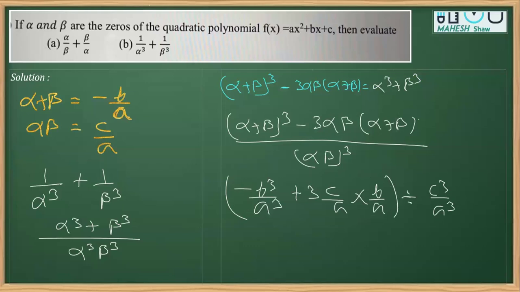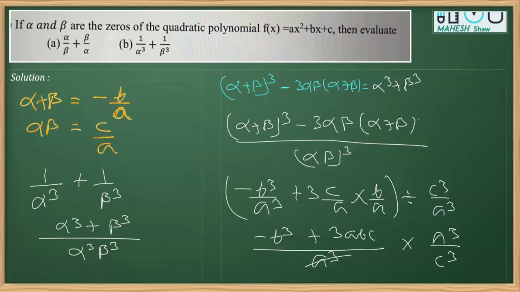Now I'm going to simplify this part. If I take the LCM here, it is going to be a cube. This will remain as minus b cube, and multiplying with a, this is going to be plus 3abc. If I reciprocate by multiplying, this is a cube over c cube, and I can see this gets cancelled.